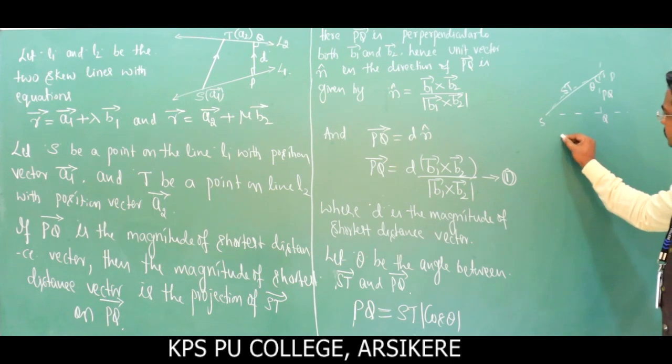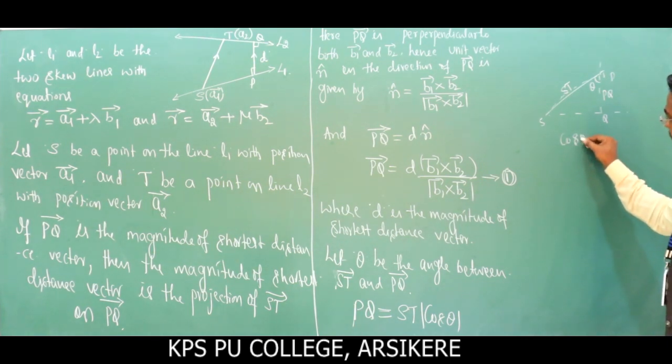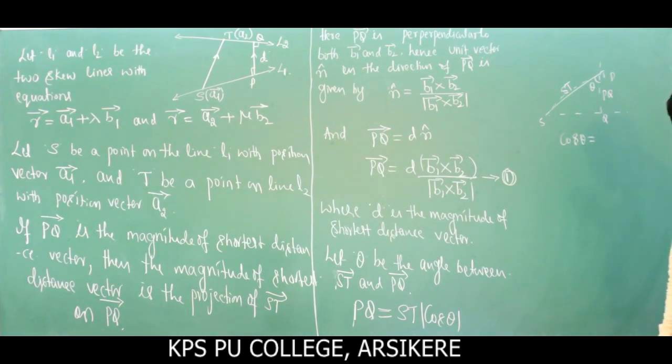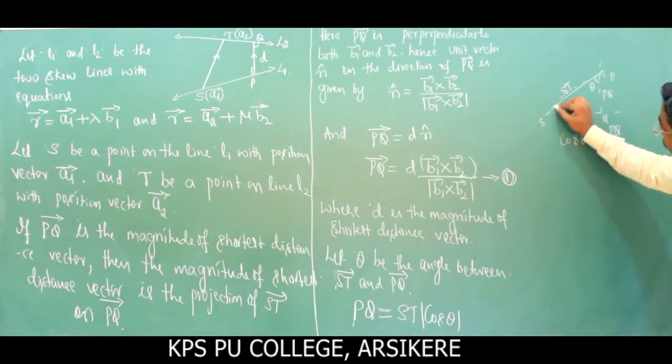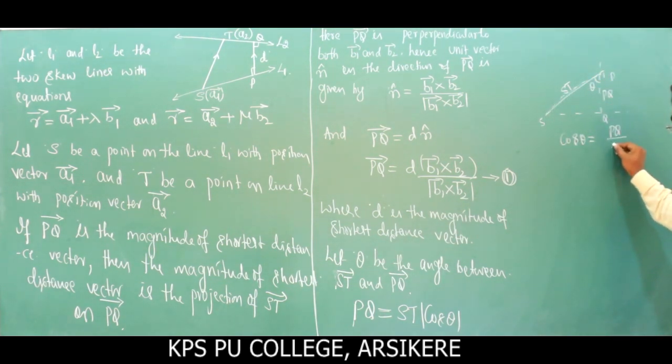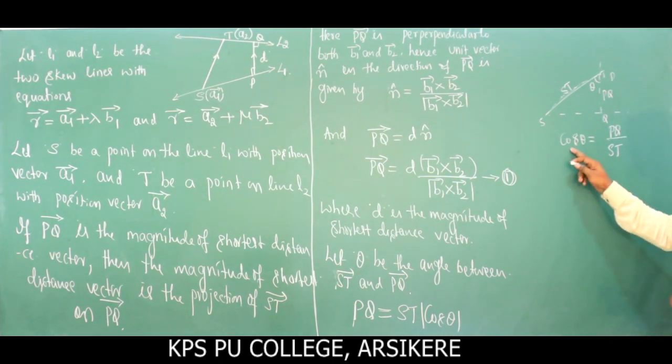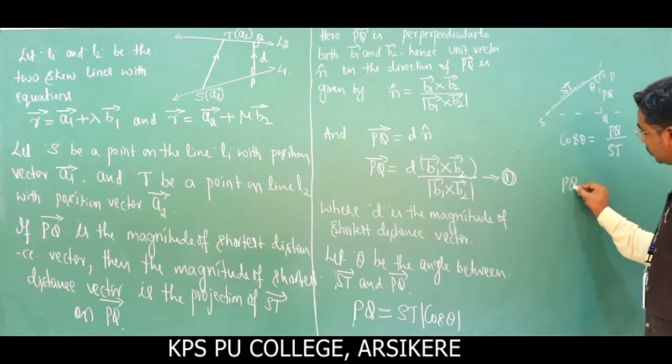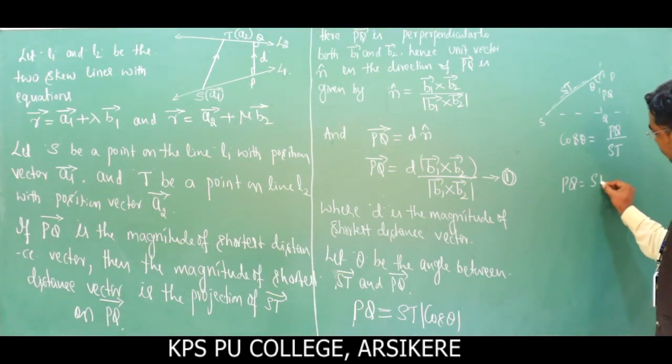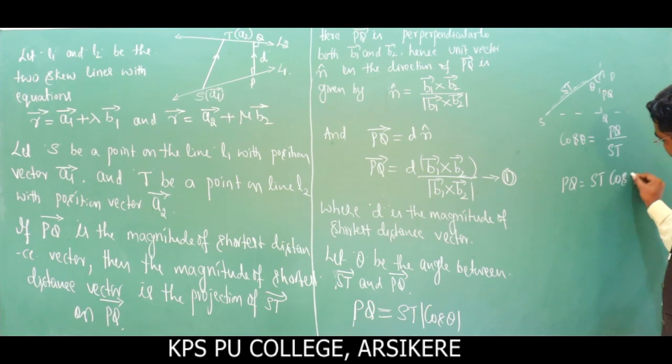Now define cos theta. Cos theta is adjacent by hypotenuse. What is adjacent here? Adjacent is PQ. What is the hypotenuse here? ST. Understood? This is how cos theta is obtained. Cos theta is equal to PQ divided by ST, so PQ is equal to ST into cos theta. Why do we take modulus here?